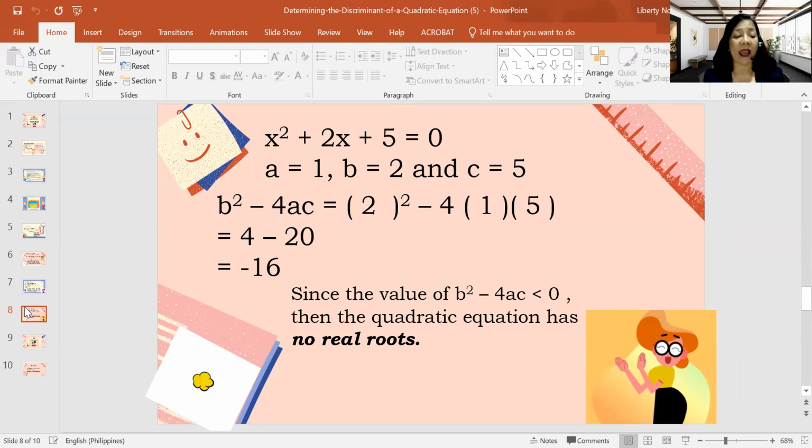Therefore, 4 minus 20 is equal to negative 16. Since the value of b squared minus 4ac is negative 16, it is less than 0. Therefore, the equation has no real roots, because the discriminant is a negative number.